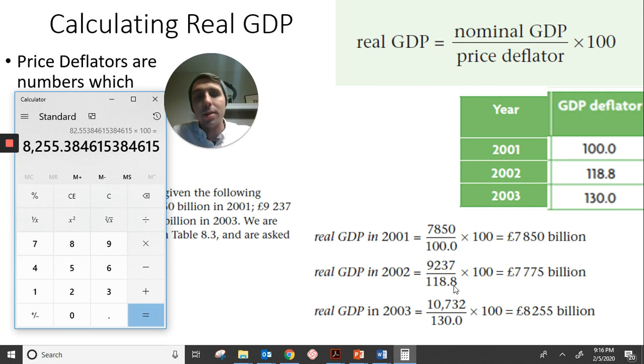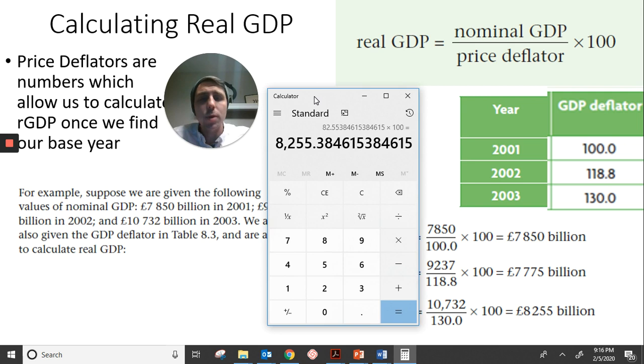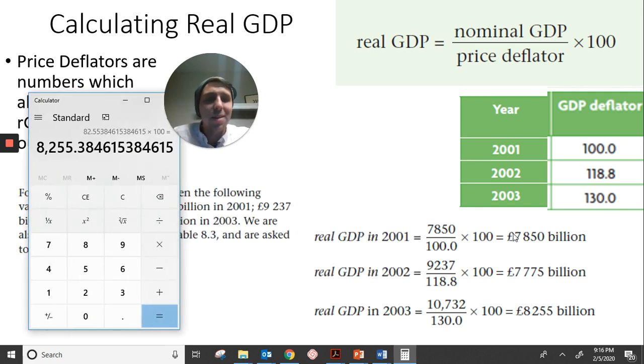Now, if I were looking at this as a politician, I would say I have made the economy stronger every single year. But as a savvy voter or a savvy economist, what I would say is, actually, the economy got weaker in 2002. And then with 8.2 billion as real GDP, it got stronger in 2003.